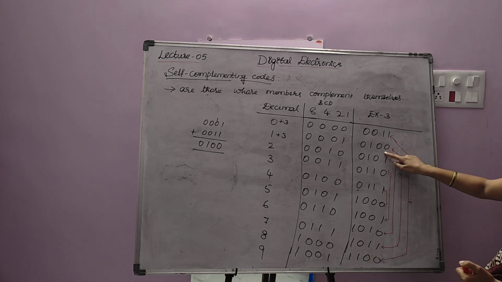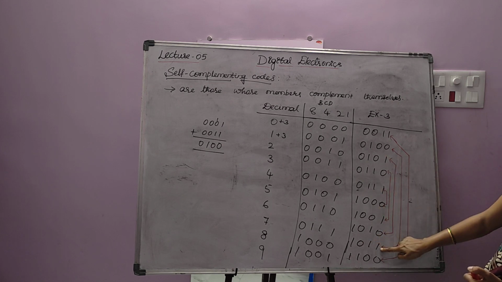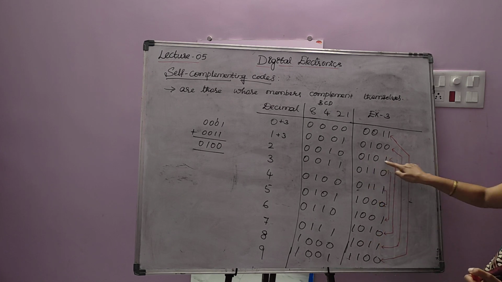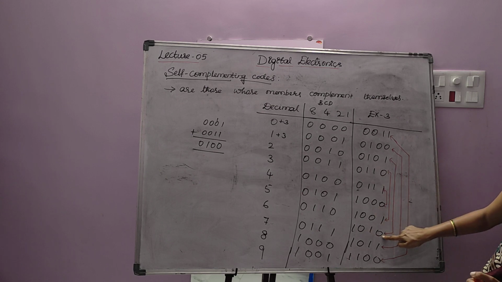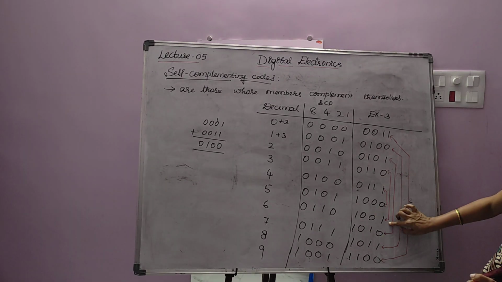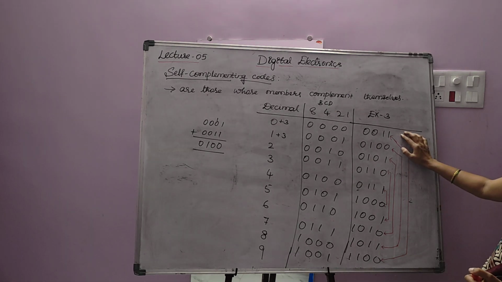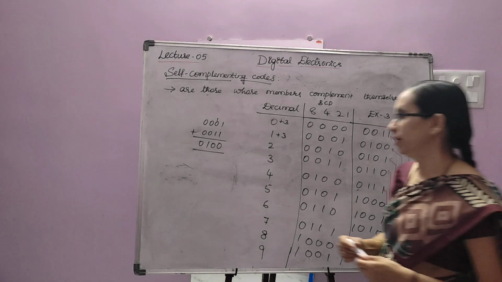Complement of 0101 is 1010. And complement of 1001 is 0110. And so, the excess-3 code is a self-complementing code.